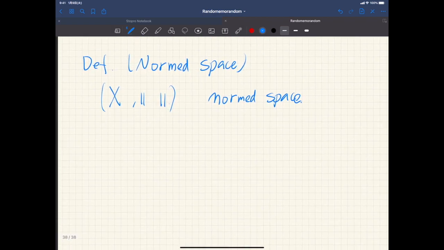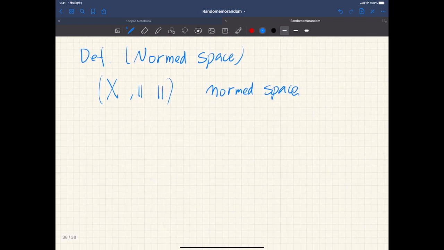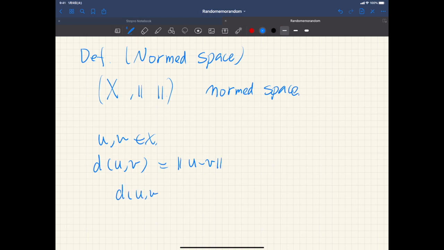And if we have a norm, we can define a distance. So let's say we have two vectors, and we can define the distance between the two vectors as the norm of their difference, right? So the distance here is 0 if and only if the two vectors are identical.